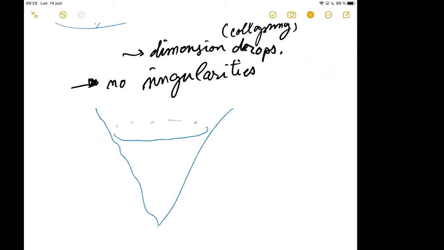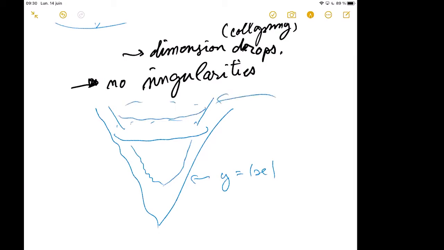You can view this cone as the surface of a revolution whose profile is given by the absolute value function, so that would be y equals absolute value of x, and you can approximate that by y equals the square root of x squared plus 1 over n squared.